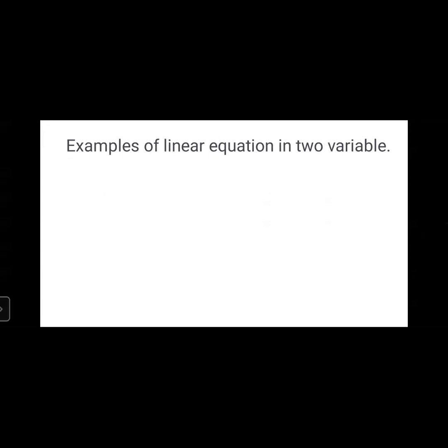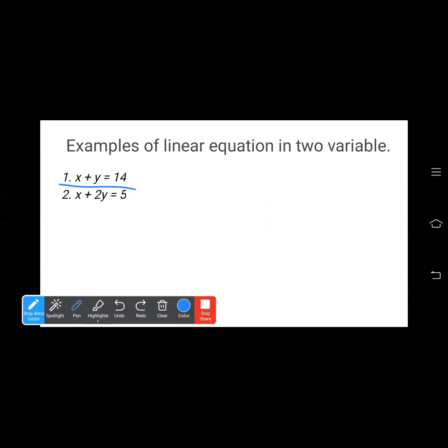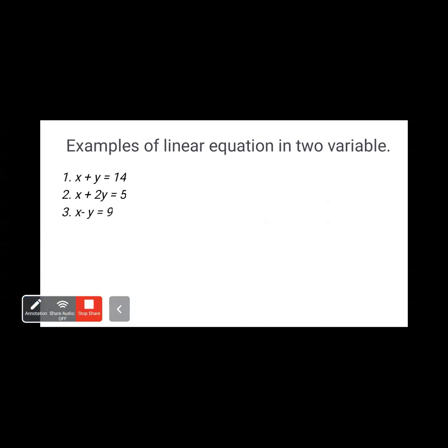Of linear equations in two variables, where the index power of both variables is 1, and it is in the general form or standard form as given. This is in the form of ax plus by plus c is equal to 0. This is also in the form ax plus by plus c is equal to 0, and the index of both variables is 1. x plus y equal to 14, x plus 2y equal to 5, x minus y equal to 9.